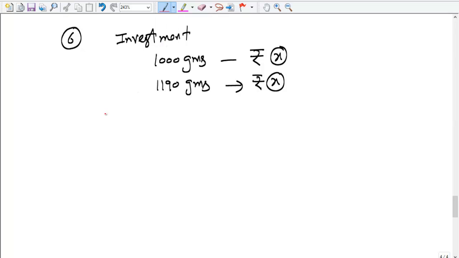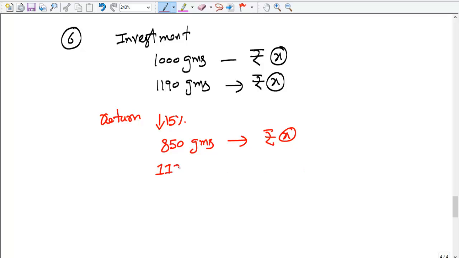Now, the return, you're selling it to the other person at the same cost price. However, that is 15% less. It means for 850 grams, he's charging rupees x. Since he has 1190 grams, we need to calculate the total return for the total quantity available. That is for 1190 grams, what could be the return?